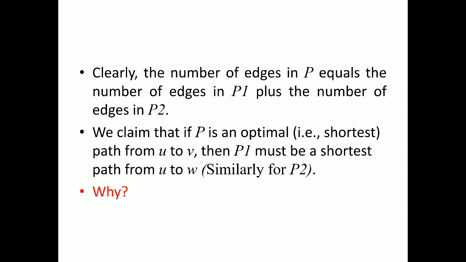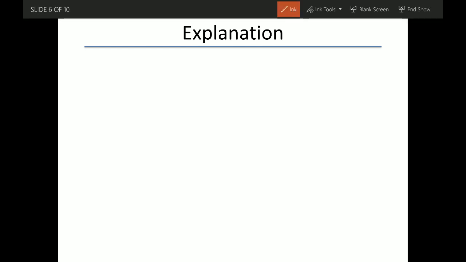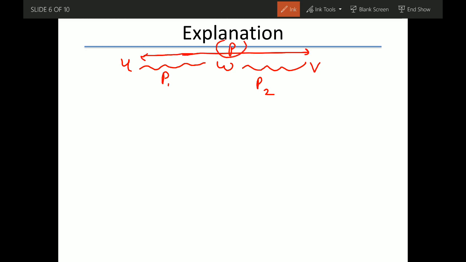But why is it true? For this, see the explanation. Suppose you have a path from U to W, P1, and from W to V, P2, and the overall path is P, and we are saying that this P is the shortest.